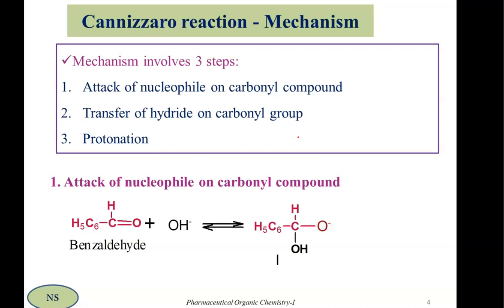Now let us look into this reaction mechanism by taking the reaction between 2 moles of benzaldehyde as an example. In the first step, whichever base we are using, sodium hydroxide or potassium hydroxide, releases the nucleophile, the hydroxyl ion, which attacks the carbonyl carbon.